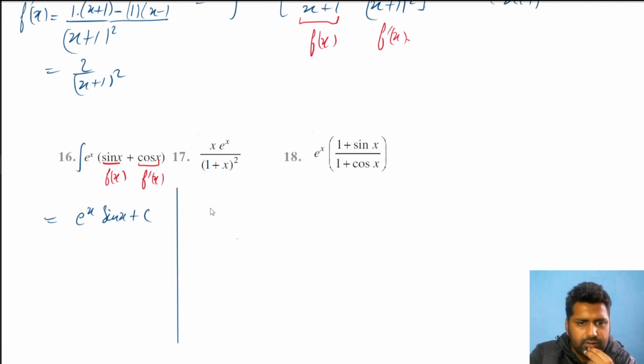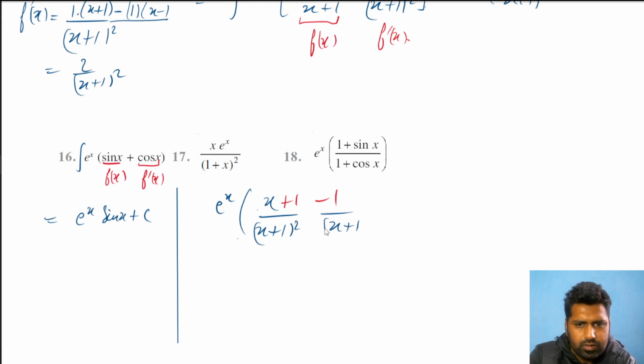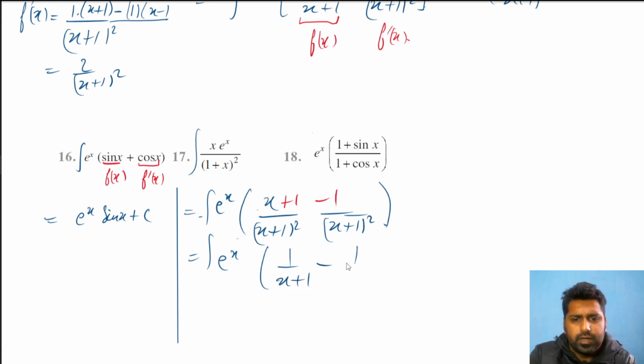It's not simple enough. So e raised to power x, this is x. But what I'm going to do is adjust, as we have mostly seen, with the denominator. Let's try to generate x plus 1. So plus 1 minus 1, and then I'm writing x plus 1 whole square separately in two parts. So this is basically integration e raised to power x, 1 upon x plus 1 minus 1 upon x plus 1 whole square.